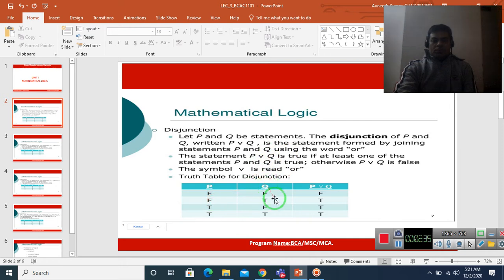If both are false, the result will be false. If both are true, the result will be true. If at least one is true, the result will be true. So it is the opposite of conjunction. In the conjunction we have 3 false and 1 true, but here it is 1 false and 3 true. So this is the disjunction.